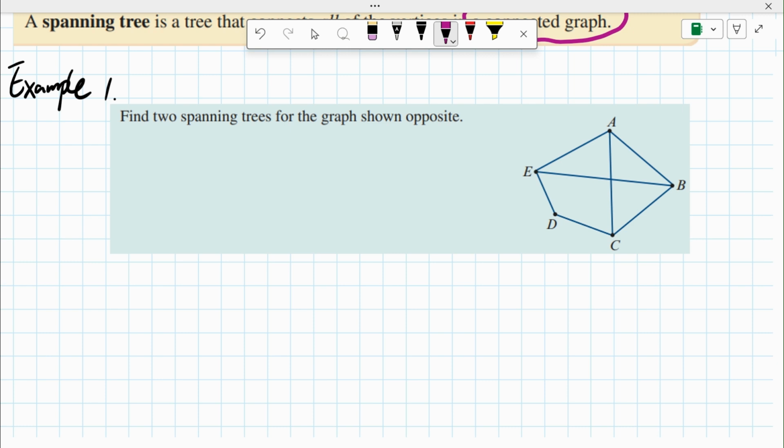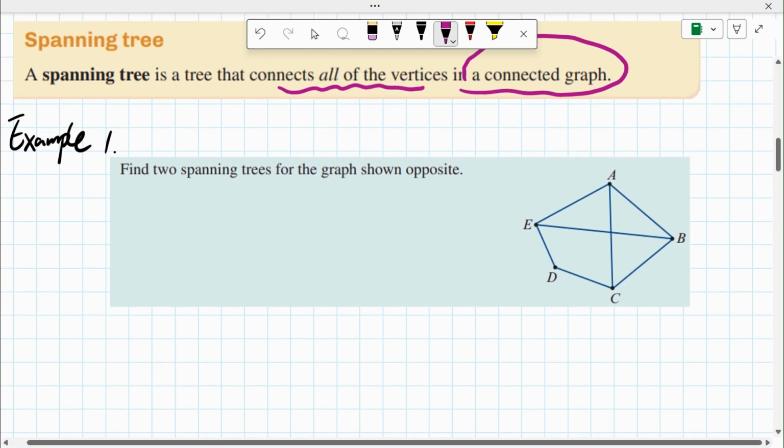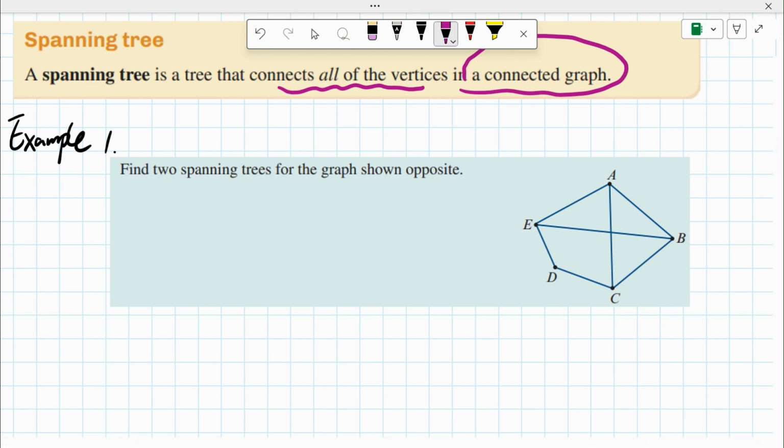As we know, a spanning tree connects all of the vertices in a connected graph. The graph has 5 vertices and 7 edges.